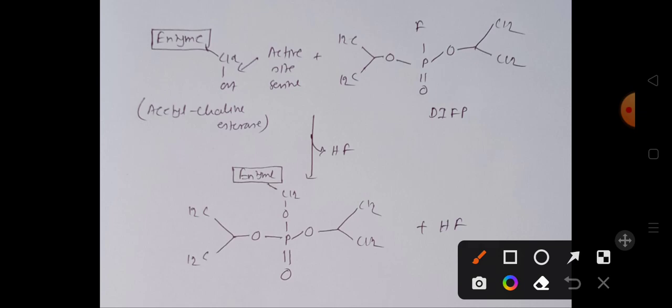What will be the Michaelis-Menten equation for competitive, non-competitive as well as uncompetitive inhibition? Then what will be the graph for competitive, non-competitive as well as uncompetitive inhibition? As well as the examples of competitive, uncompetitive and non-competitive inhibition. And in case of irreversible inhibition, you have to learn the examples very, very importantly, and that's it.